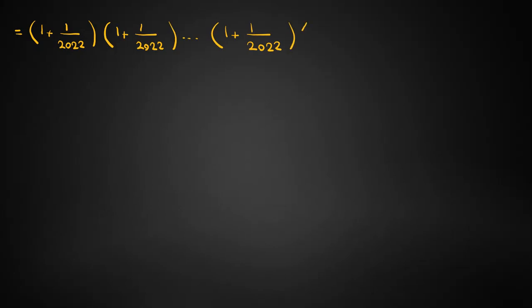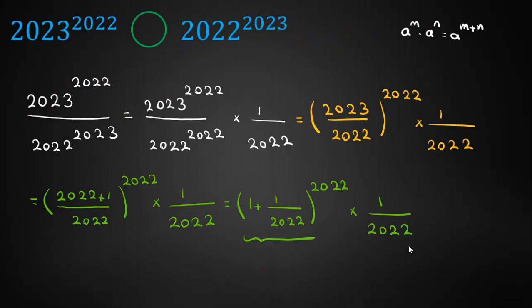It will be equal to 1 plus 1 over 2022, times 1 plus 1 over 2022, times 1 plus 1 over 2022, and so on, and the last part is times 1 over 2022.